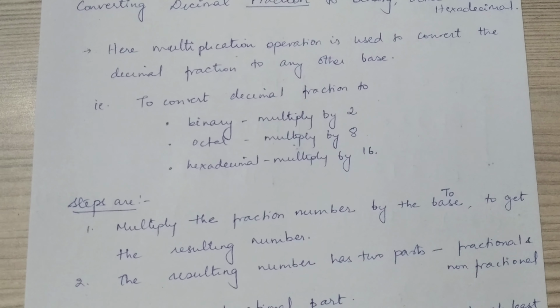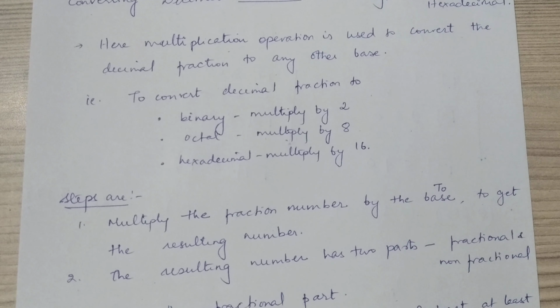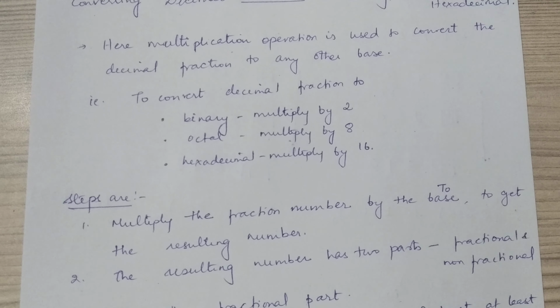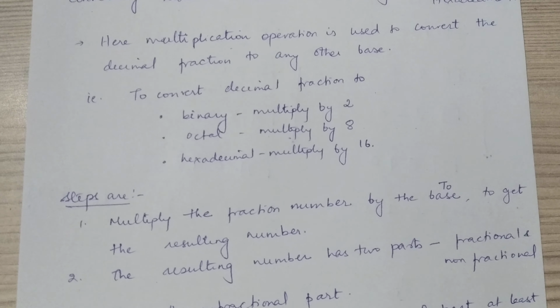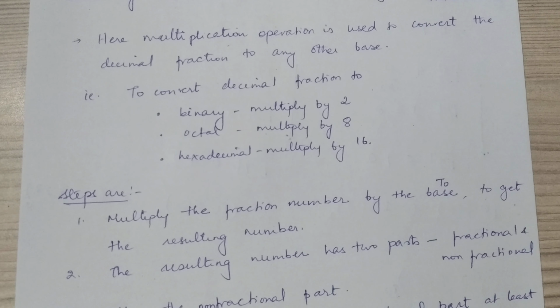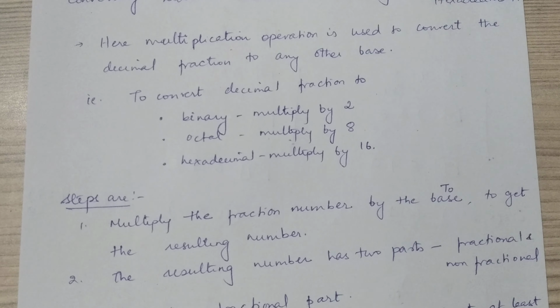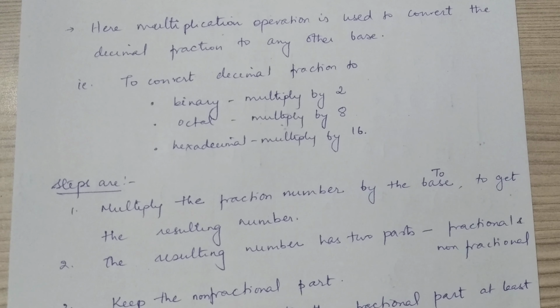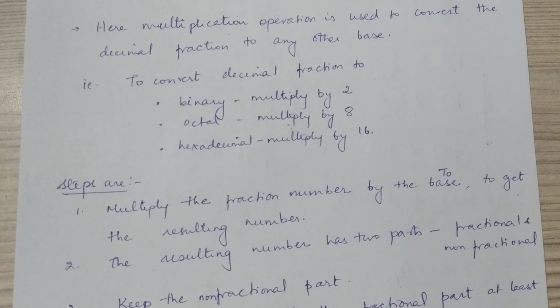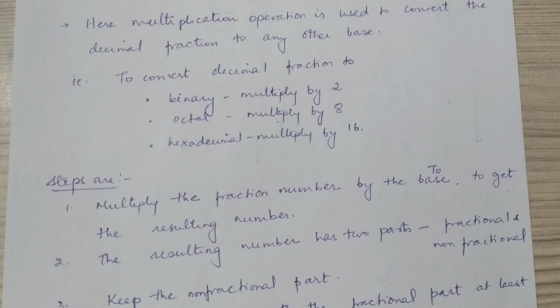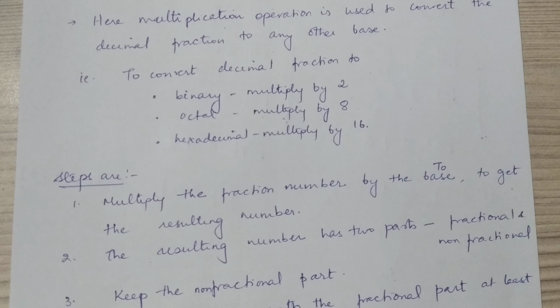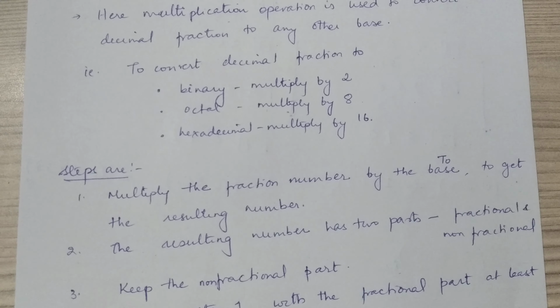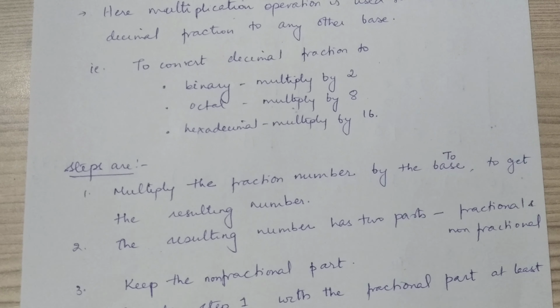For example, to convert the decimal fraction to binary, we will multiply by 2. Why? Because 2 is the base of a binary number. To convert the decimal fraction to octal, we will multiply by 8. To hexadecimal, we will multiply by 16. So that is the procedure. Always remember, for converting any fraction number, we will be using the multiplication operation.